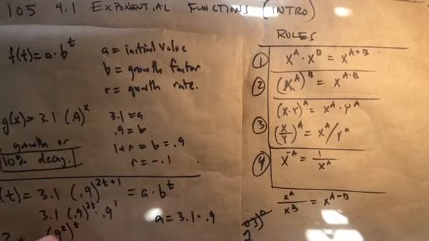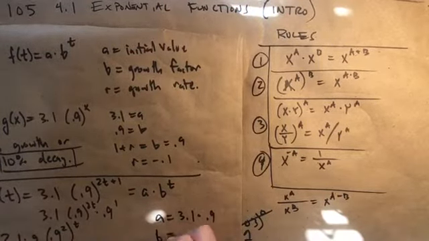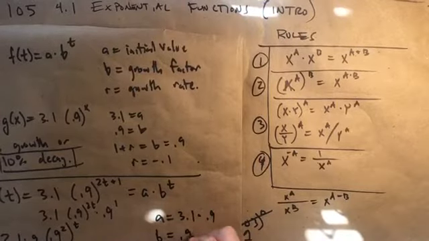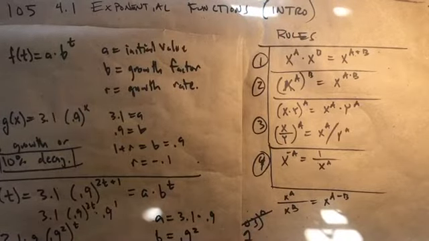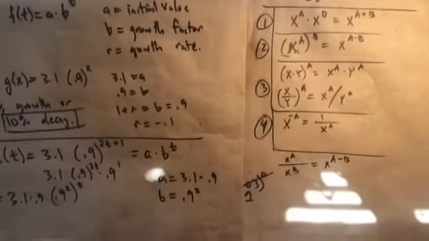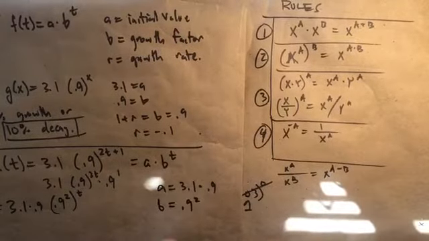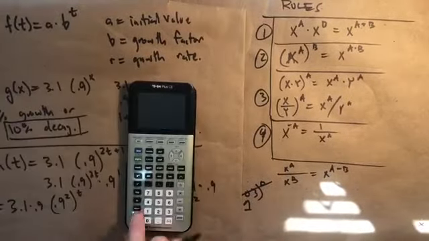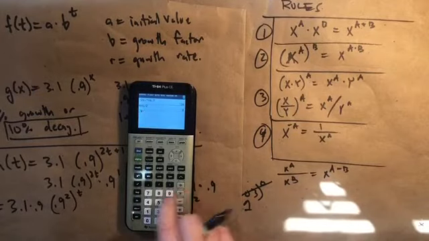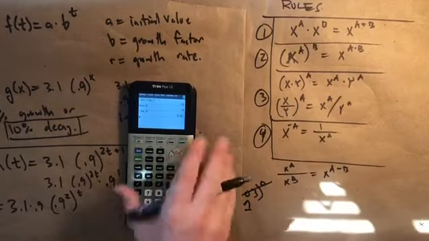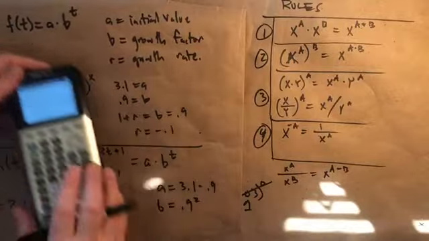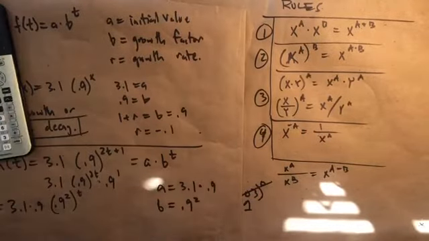So I can keep that 3.1 and that 0.9 equals h of t, and we're done. b is equal to 0.9 squared. The final thing that I might be asked to do, and notice that 0.9 squared is going to be 0.81, and so this is going to be a decay problem.